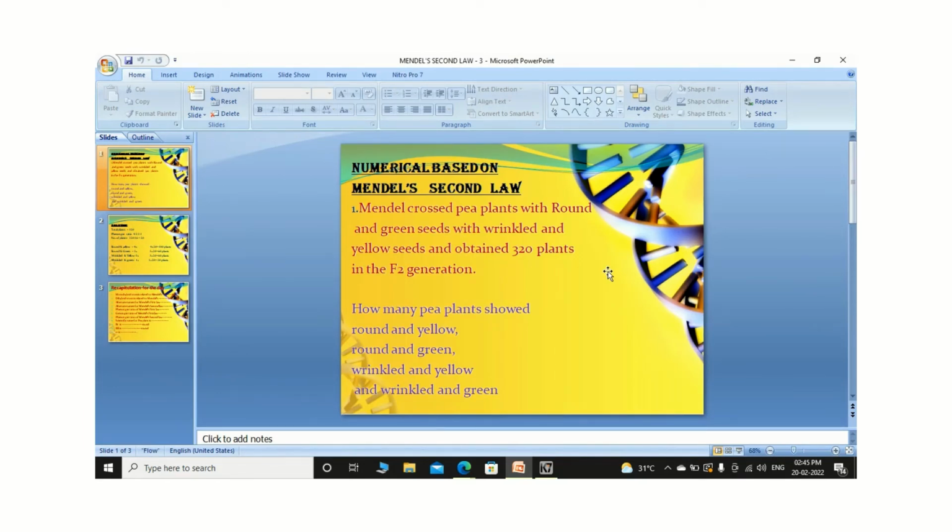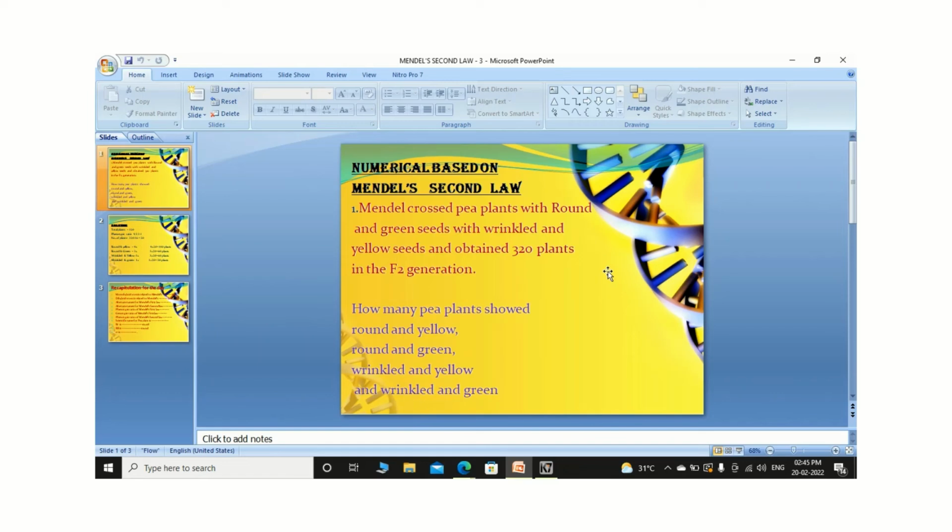When we talk about this numerical, I just gave you a numerical here. Mendel crossed pea plants with round and green seeds with wrinkled and yellow. And how many plants did he get? Finally, he got 320 plants in the F2 generation. So this is the problem that is given. I have taken the same theory part and put it in the numerical here.